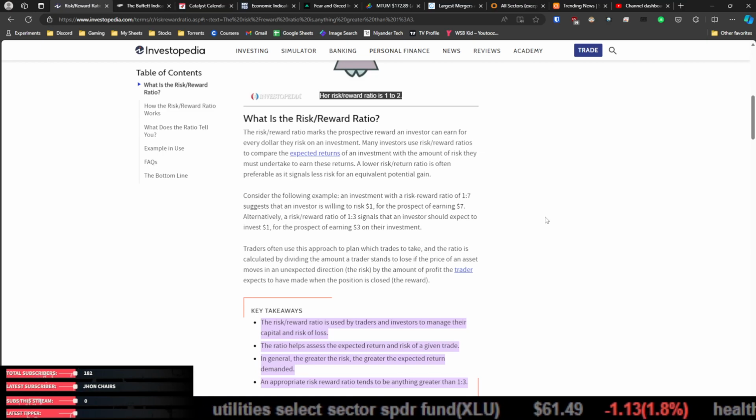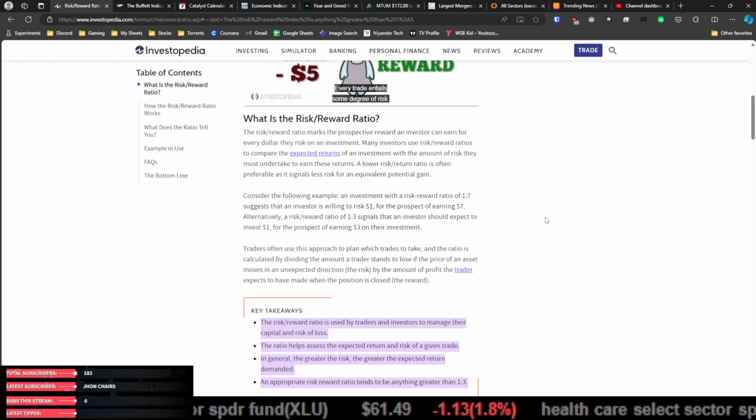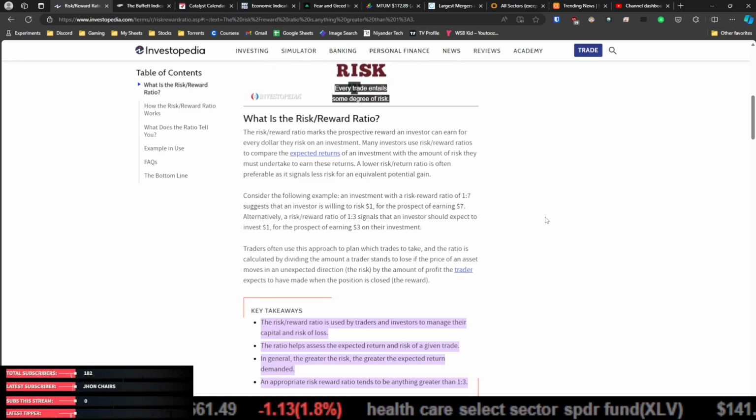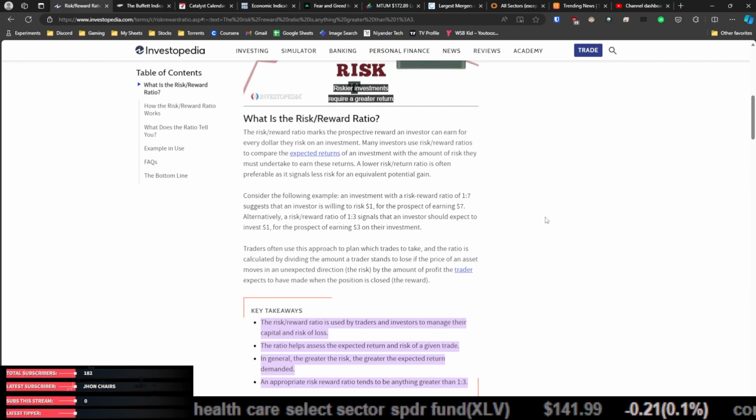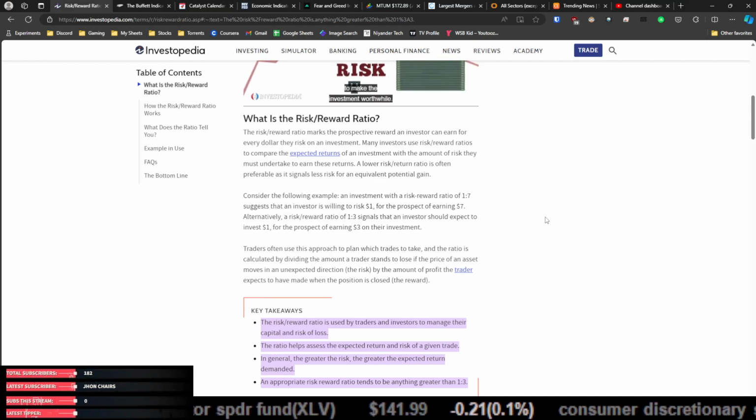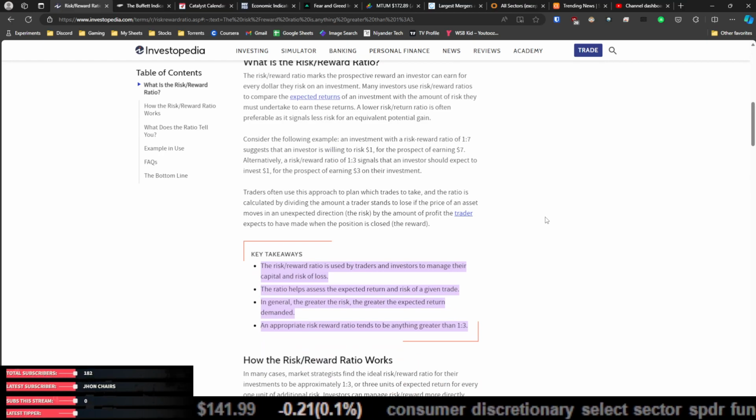Alternatively, a risk reward ratio of 1 to 3 signals that the investor should expect to invest $1 for the prospect of earning $3 on their investment. This is something I think most people understand when it comes to risk reward ratio. The ratio determines that for every $1 you're risking, you're earning this much.